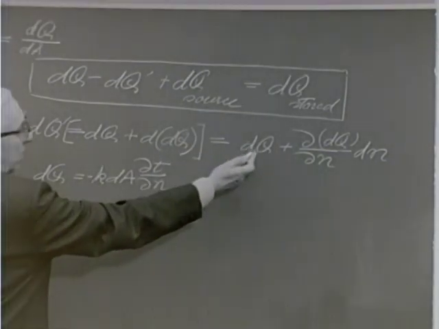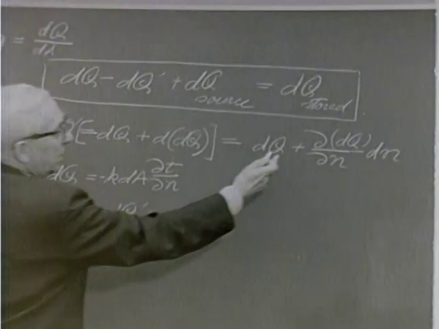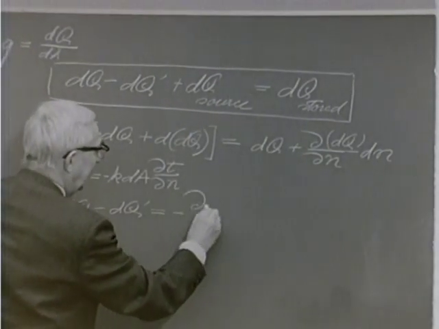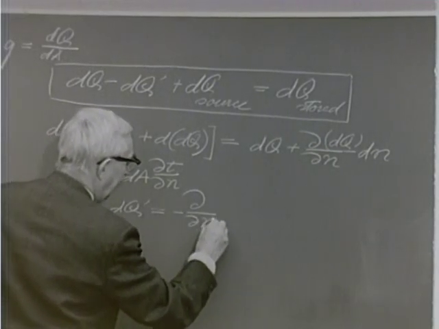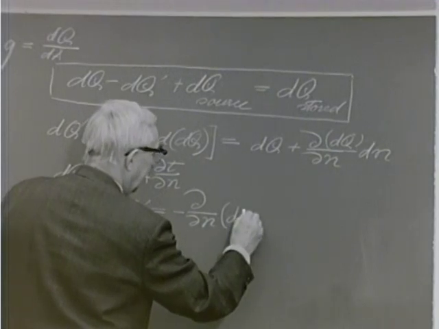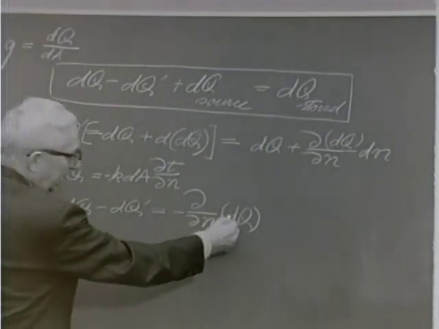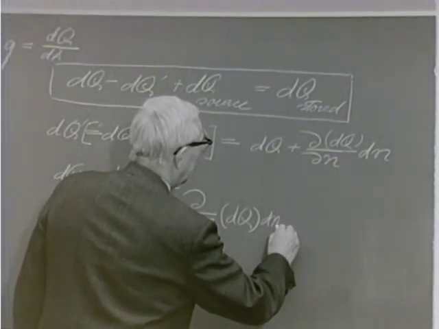Which, from this equation, dq minus dq dash would be minus this quantity, minus the differential, or I can, this is completely equivalent, it's maybe more convenient, I can write it in this way. Which again would be written partial of dq over partial n times dn.